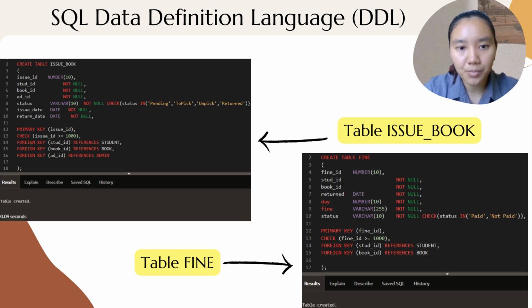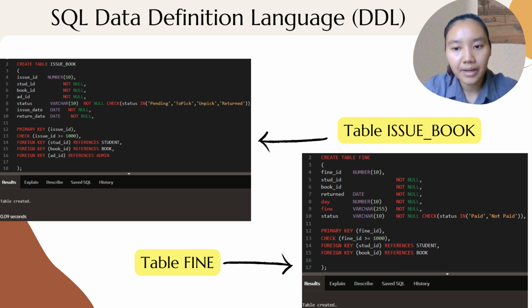Next, for the table issue book, we create all the attributes, and we check the status, it is pending, to pay, unpaid or return. And the primary key is issue ID, and we check issue ID is more than or equal to 1000. And the foreign key is student ID, referencing the student table. Foreign key book ID, referencing the book table, and foreign key admin ID, referencing the admin table.